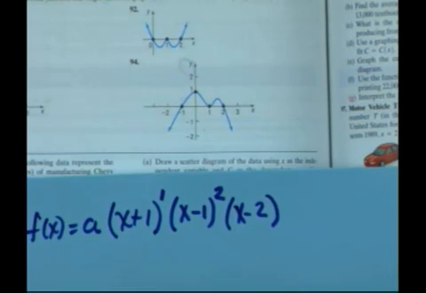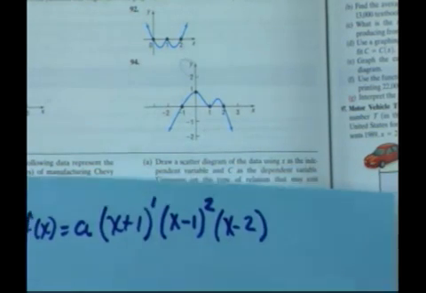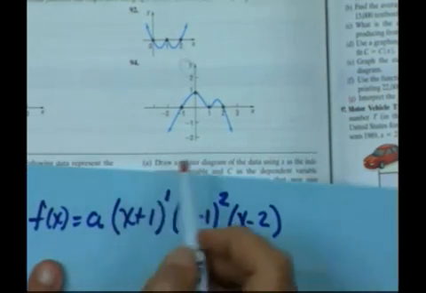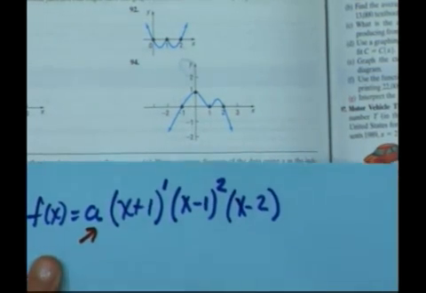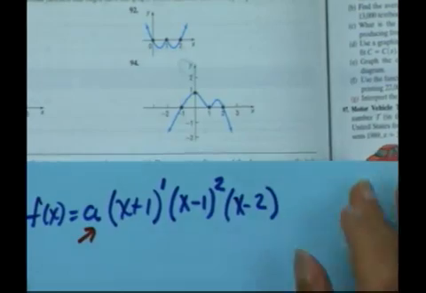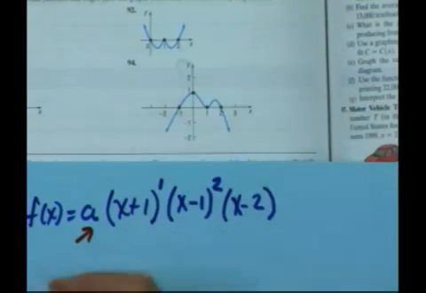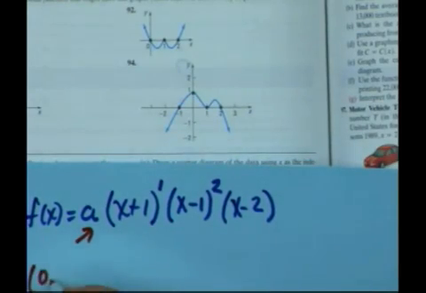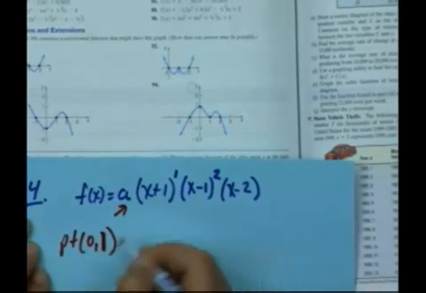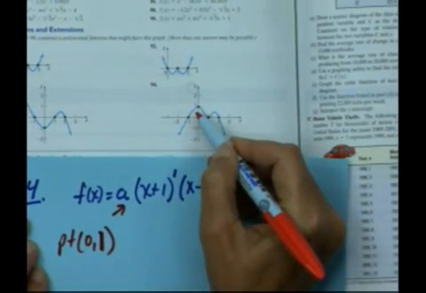Now, can somebody tell me how I could easily determine what a is? Okay, here's a point on the curve. We have the point (0, 1). We have a y-intercept shown to us.